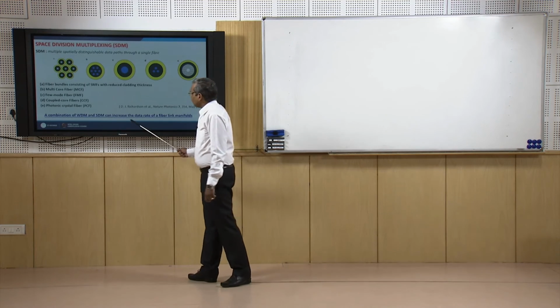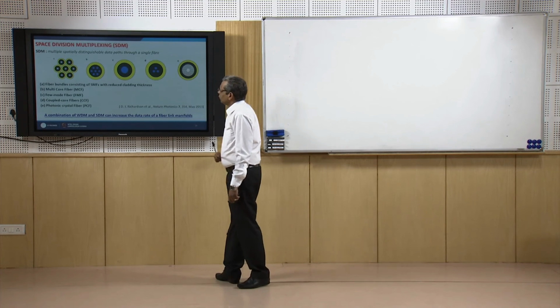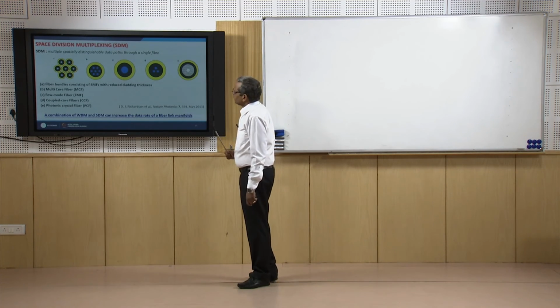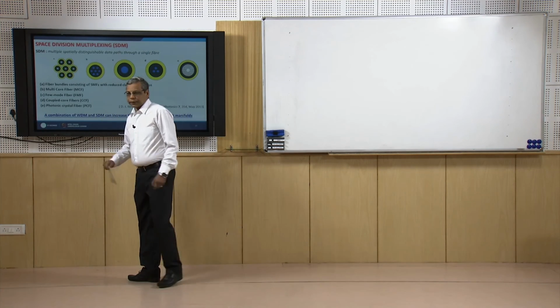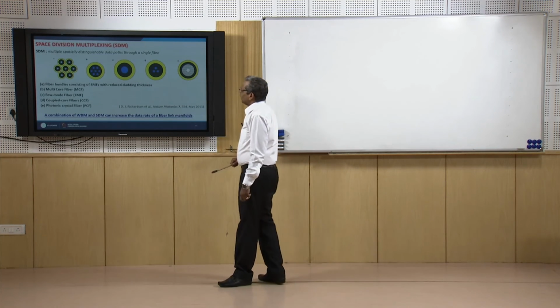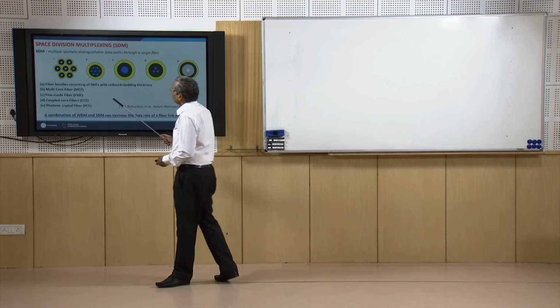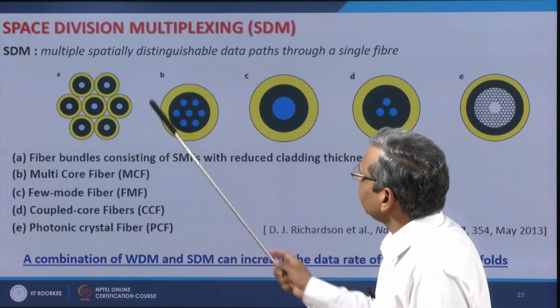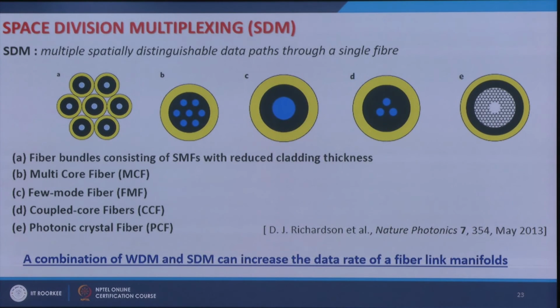This is again from the same paper in Nature Photonics, where they have summarized the developments in SDM system, where people are now looking at multiple spatially distinguishable data paths through a single fiber.